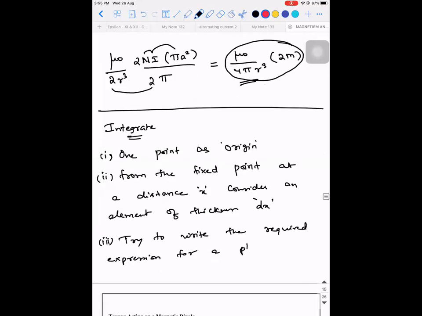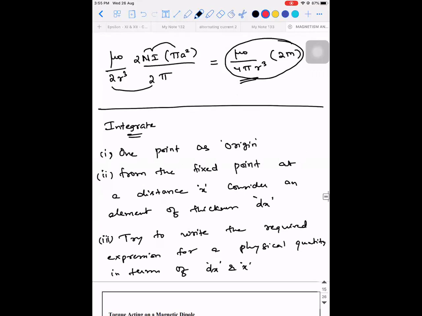For a physical quantity, in terms of dx and x. Then the last one is to integrate with proper limits. You take any derivation based on integration, you will follow the same steps, nothing outside this.